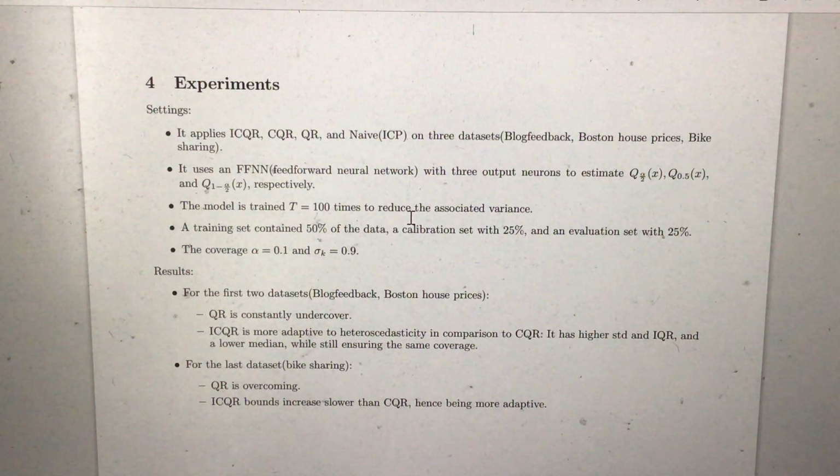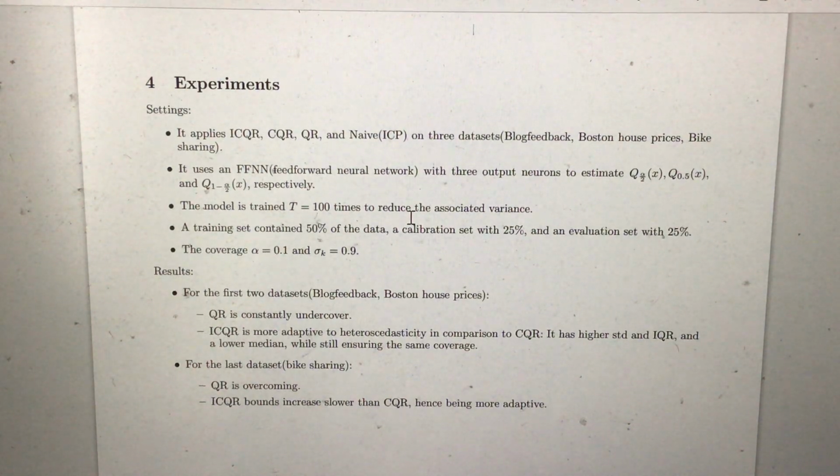It trains 100 times to reduce the variance. And 50% is for the training data, 25% for the calibration data, and also 25% for the test data. And the miscoverage will be 0.1, and the sigma K will be set to 0.9.